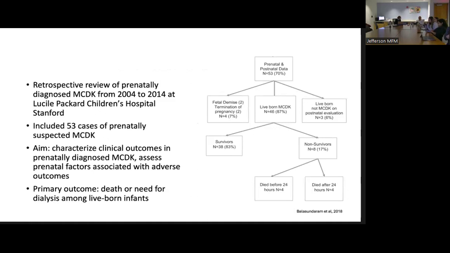It included 53 cases of prenatally suspected MCDK. The aim was to characterize clinical outcomes in prenatally diagnosed MCDK and assess prenatal factors associated with adverse outcomes. Their primary outcome was death or need for dialysis among live-born infants.